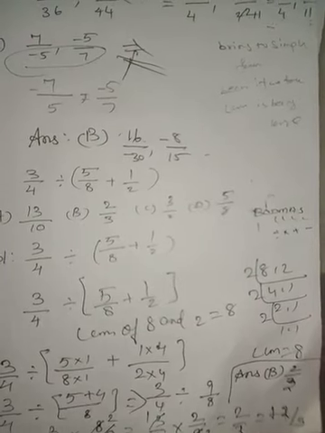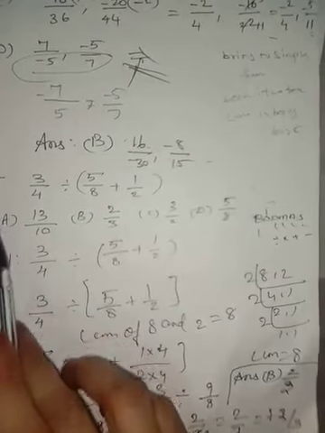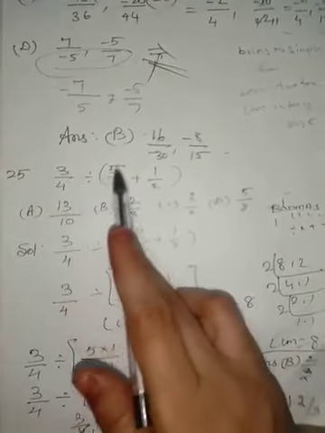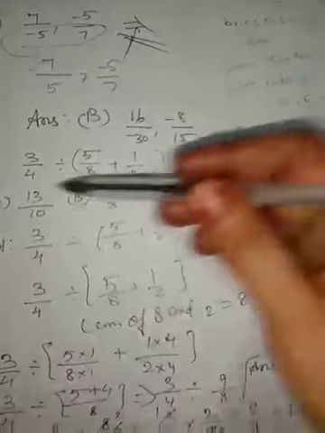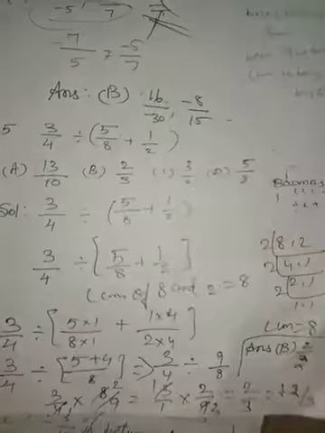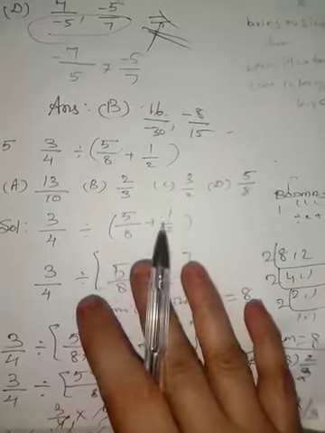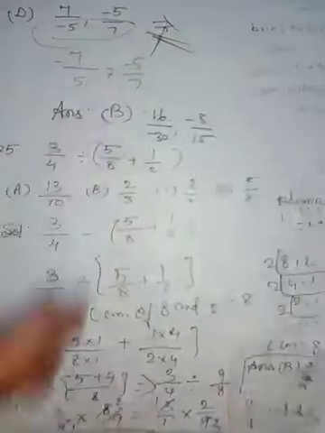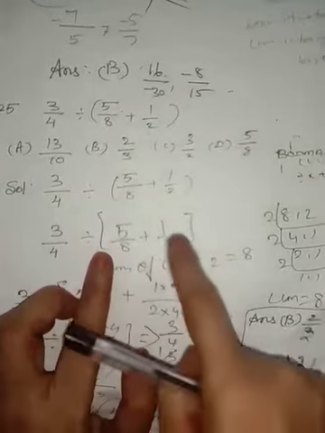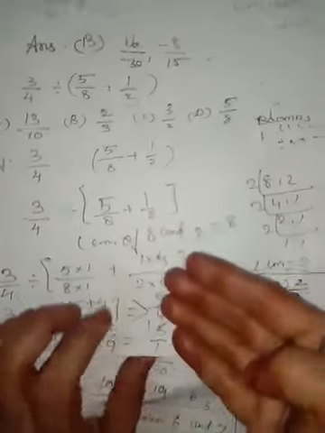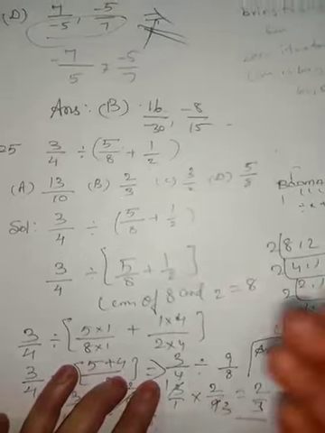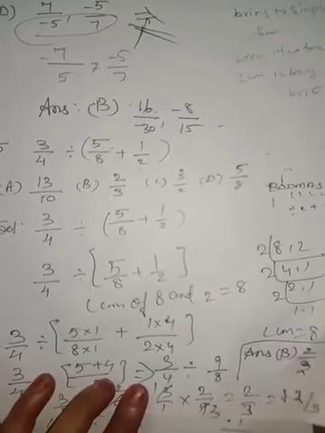Then 25th final one, 3 by 4 divided by 5 by 8 plus 1 by 2. We have 4 options. Simplify these answers. They have given a bracket. We must simplify the bracket first. Denominators are different. Find the LCM and convert to the same denominator.